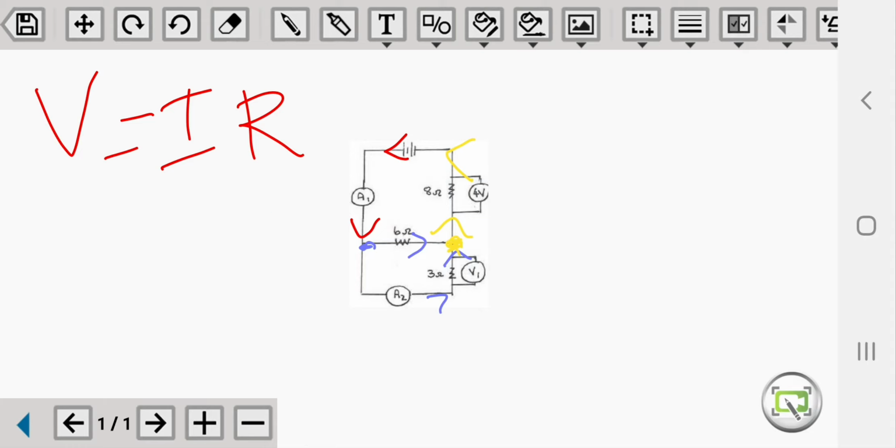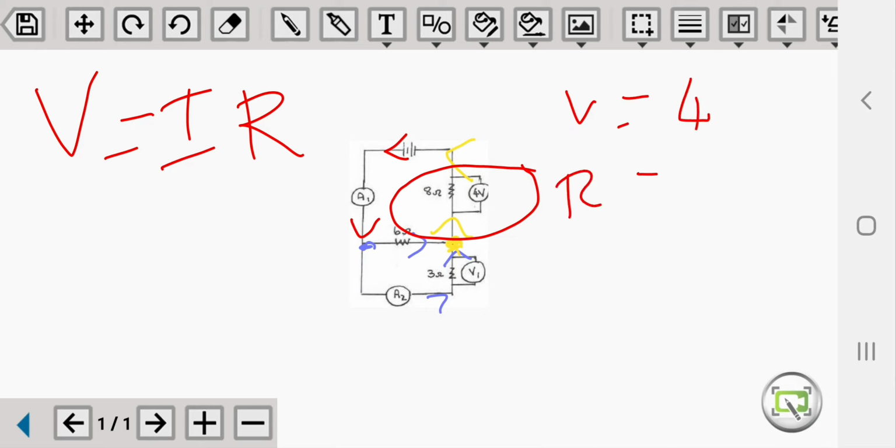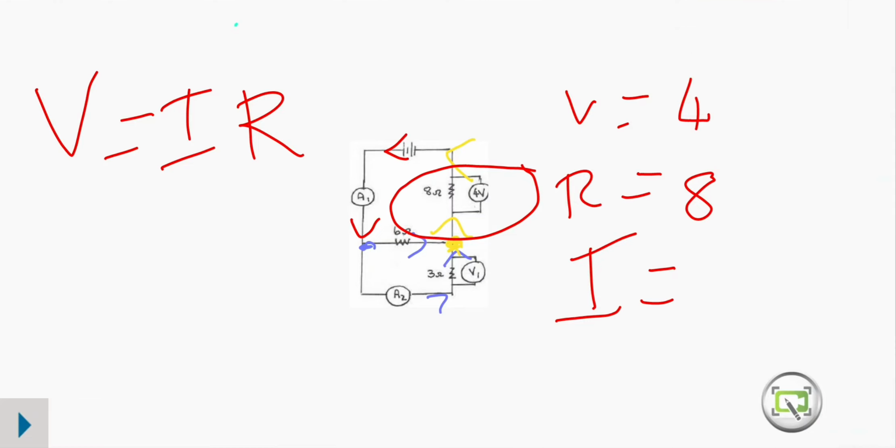All right, so if, for example, we have a look at this part. For this part, we know that V is equal to 4 volts. We know that the resistance is equal to 8 ohms, but we do not have the current. So for a question like this, they can ask us to use Ohm's law to calculate either V, I, or R. But in this case, they gave us V, they gave us R. So they can state a question like this: calculate the current that flows through the 8 ohm resistor.